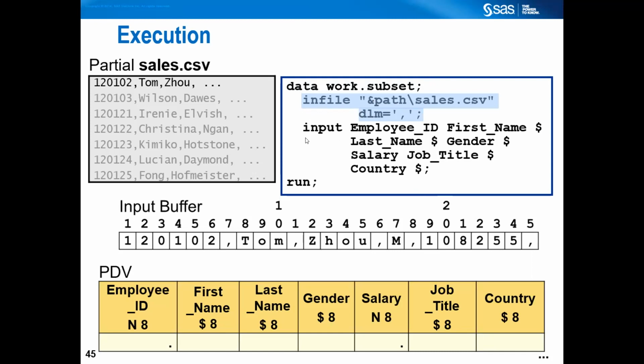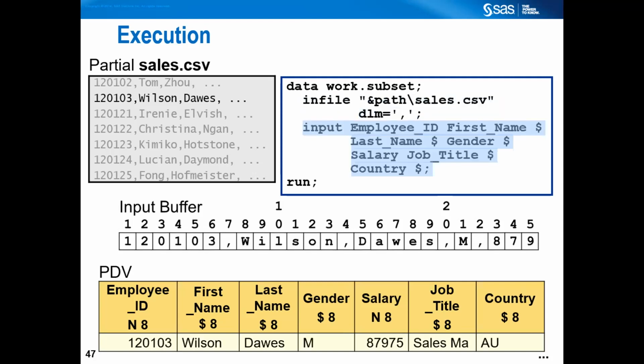This is a question which comes in your interview as well as your certification: a record gets loaded into the input buffer only when it hits the input statement. When it hits the input statement, a new record is loaded into your input buffer. Understood?